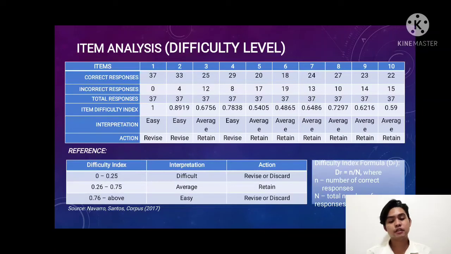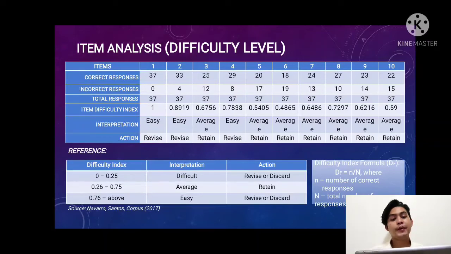Total responses is a constant of 37 because we have only 37 respondents. For the item difficulty index, we will see the formula at the lower right side bottom. The difficulty index formula is DF equals small n over capital N, where small n is the number of correct responses and capital N is the total number of responses.